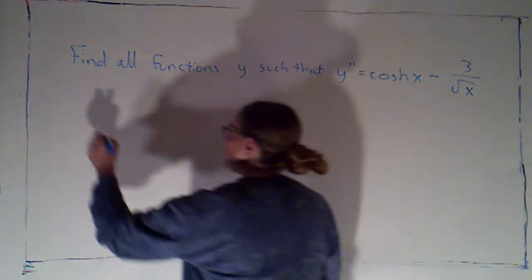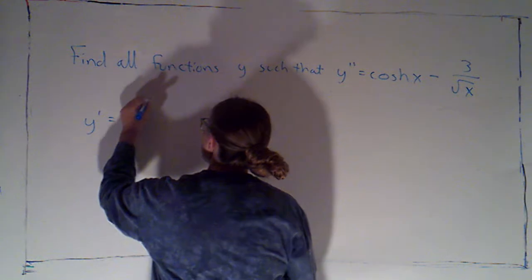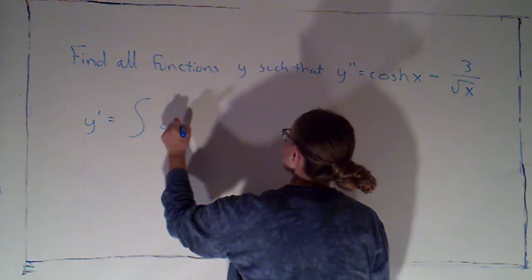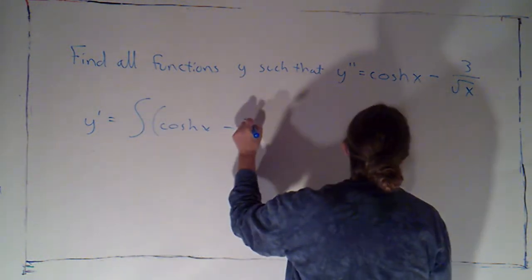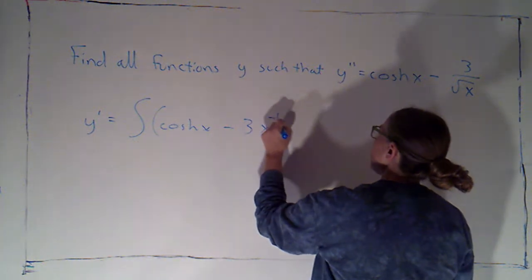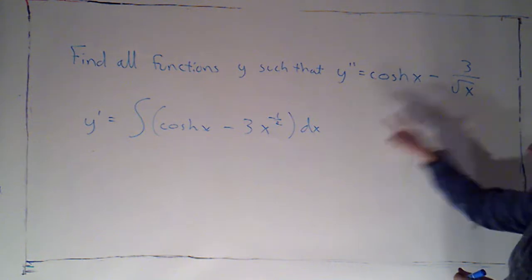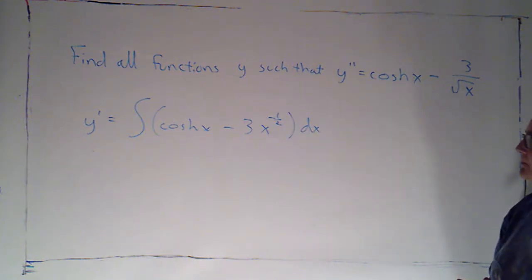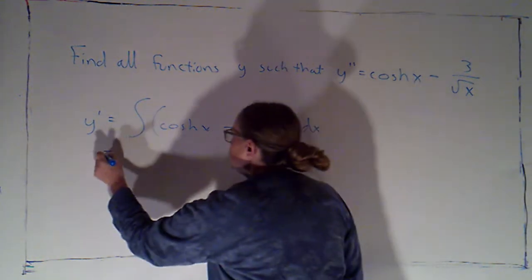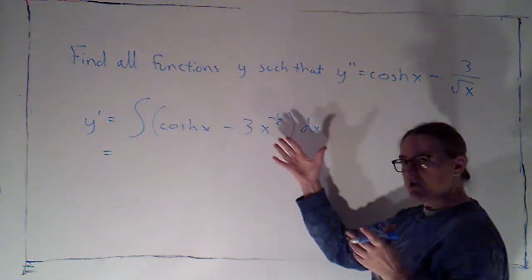So I'm going to start by saying y prime will be the general antiderivative of cosh x minus 3x to the negative 1/2. I'm just going to rewrite that square root of x on the bottom as the negative 1/2 power. These are subtracted, so I can use my difference rule.